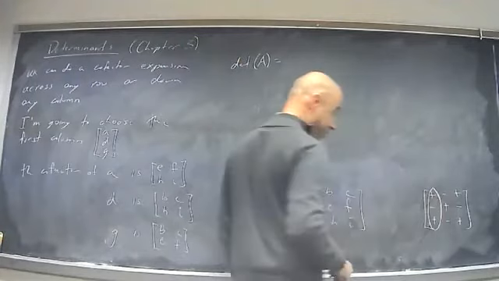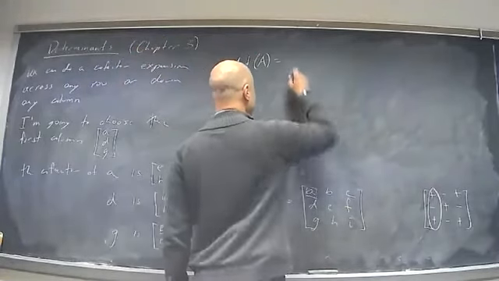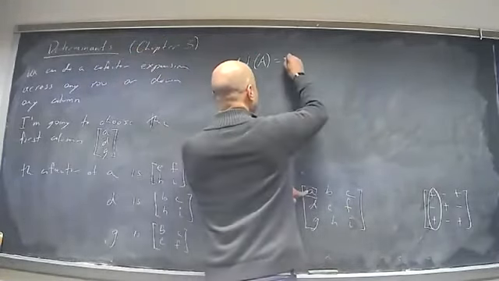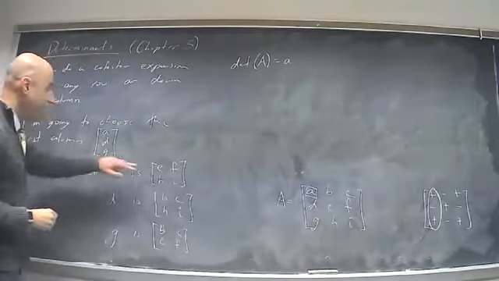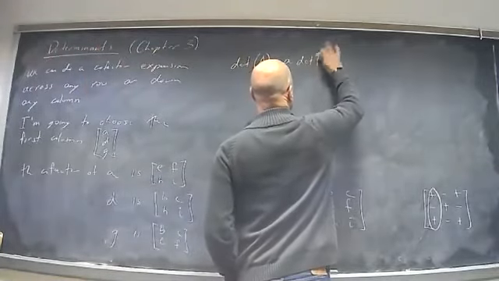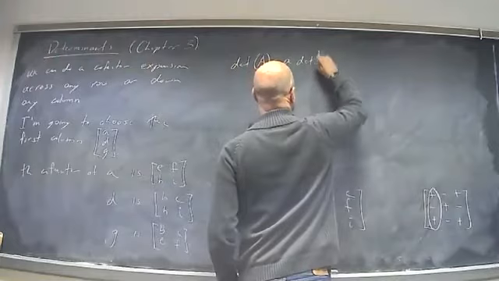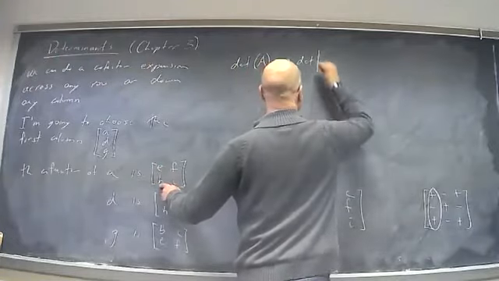So the determinant of A is plus little a times the determinant of its cofactor. So the cofactor of A is EFHI.